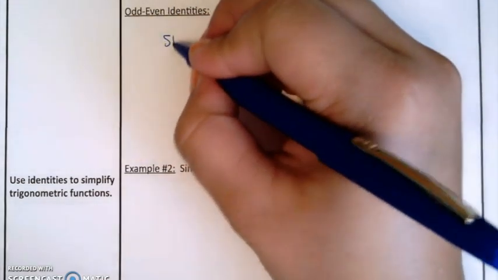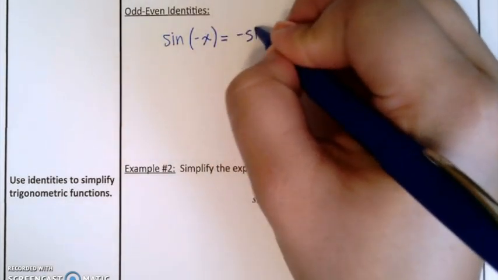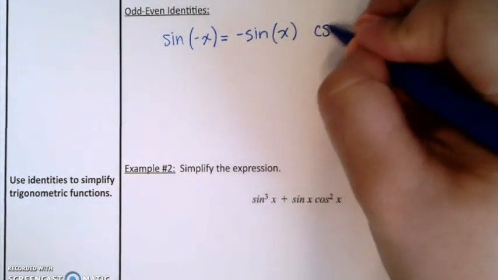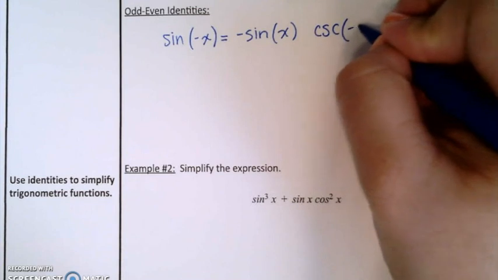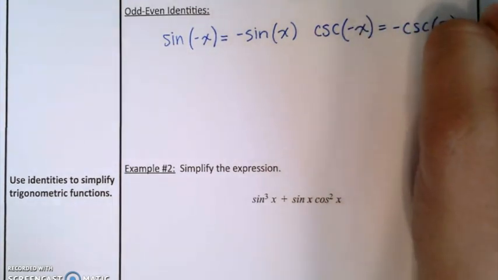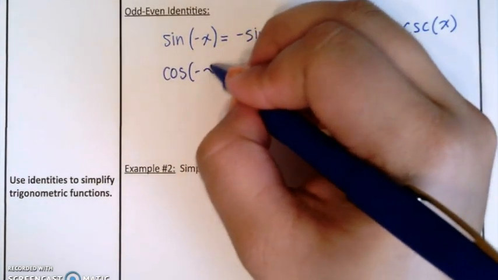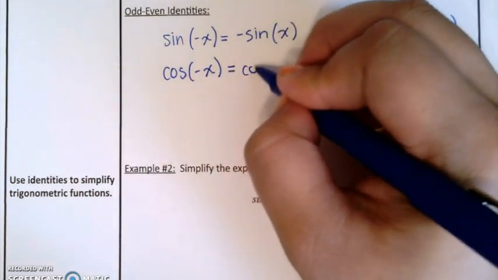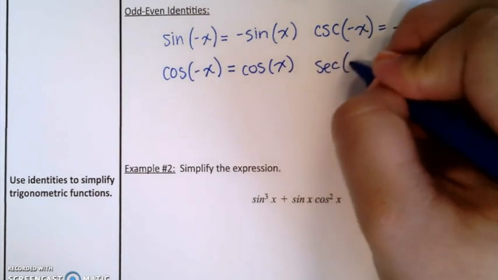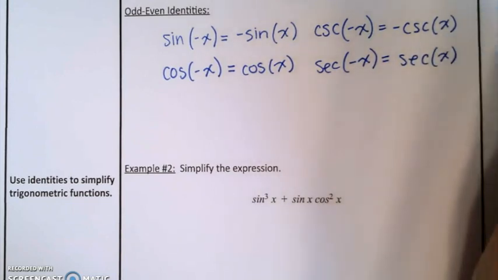We have that sine of negative x equals negative sine of x, and similarly cosecant of negative x equals negative cosecant of x. We have cosine of negative x equals cosine of x, and secant of negative x equals secant of x.